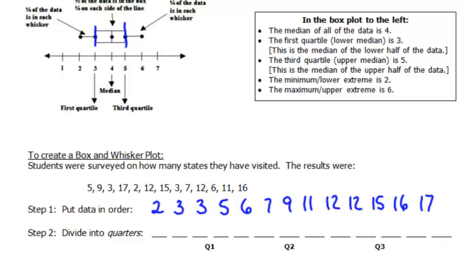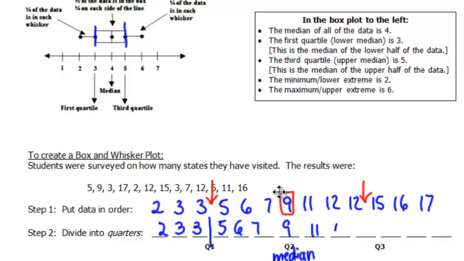If I go to the middle, my middle score is going to be right here. And then if I break down below it, the middle is going to be there, and the middle is going to be here. Basically that's all we're doing. So if I divide this into quarters, I have 2, 3, 3, then that's quarter 1. 5, 6, 7. My 9 is my quarter 2. That's the median.